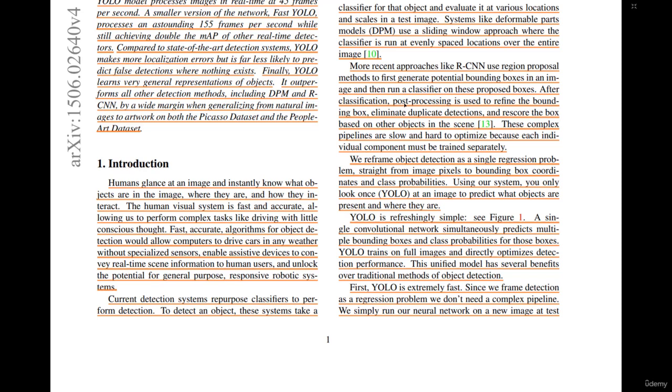These complex pipelines like that of the RCNN are slow and hard to optimize because each individual component must be trained separately. We reframe object detection as a single regression problem.